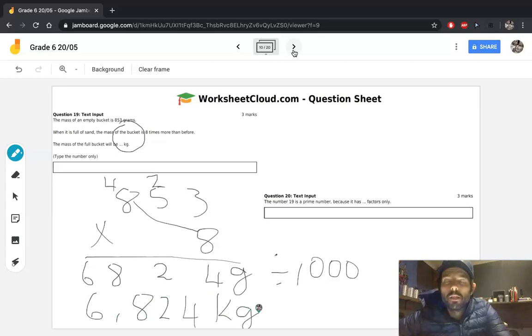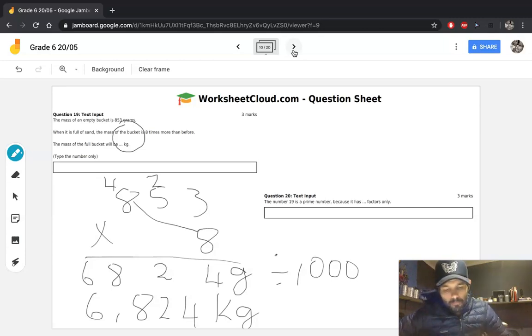Okay, so it seems like quite a straightforward question, but they're asking you to do 3 different things: the short multiplication, the conversion of grams to kilograms, and the recognition that there are 1,000 grams in a kilogram. So 3 things, 3 marks.